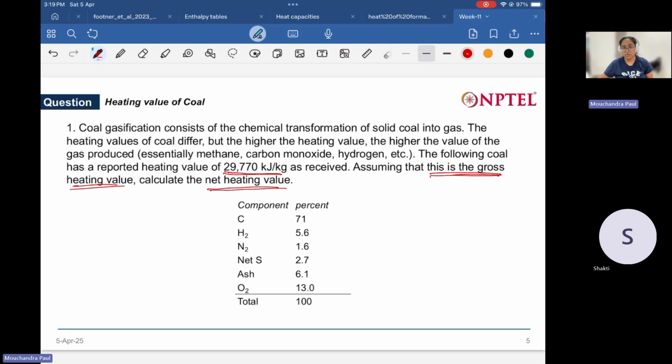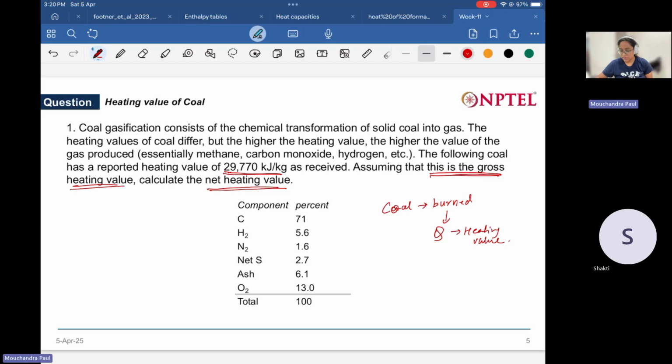Here, one thing we have to consider when we are talking about heating value is that the coal is being burned, and whatever heat is generated is basically your heating value.